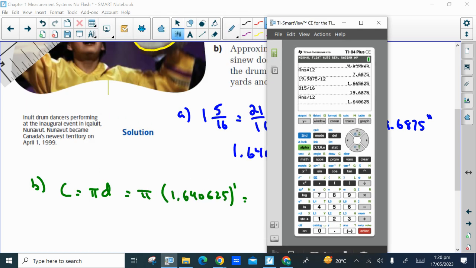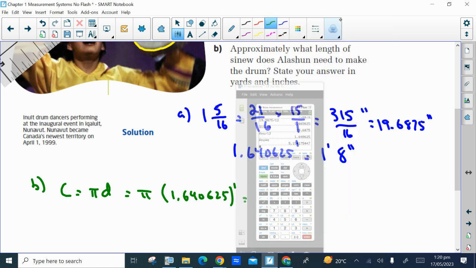And that's multiplied by pi. So there's the circumference of that drum in feet. 5.15 feet, approximately.